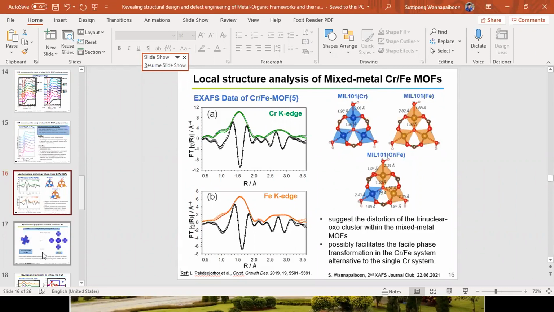Did you fit this one and get a coordination number like 6? Yes. Basically, there are two types of oxygen: the iron with oxygens inside the cluster bridging 3 metals, and also the iron with oxygens that belong to the carboxylic acid from the BDC. But the distances deviate, so you basically get a broad peak here.